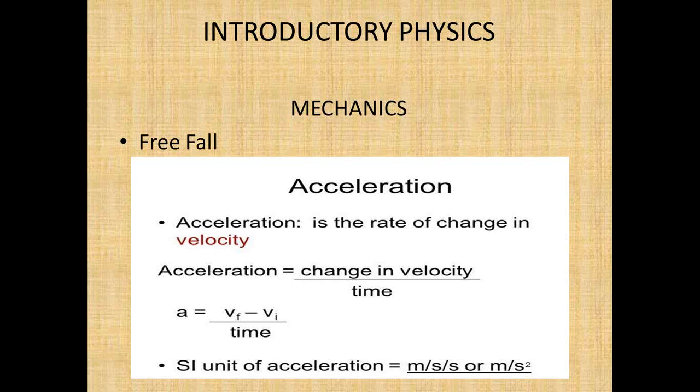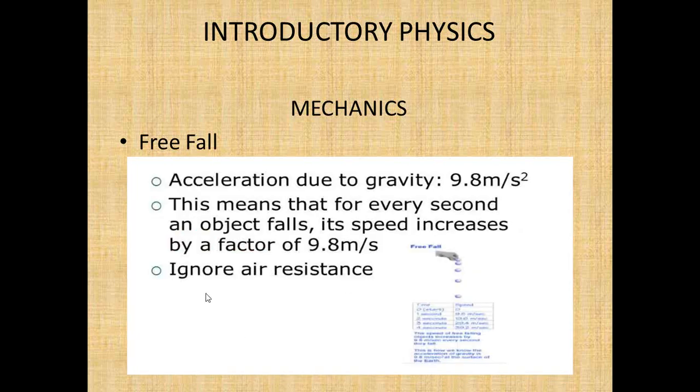So again, acceleration is the change in velocity with respect to time: final velocity minus initial velocity divided by time. Again, acceleration due to gravity is 9.8 meters per second squared. You're supposed to put a minus sign before it.